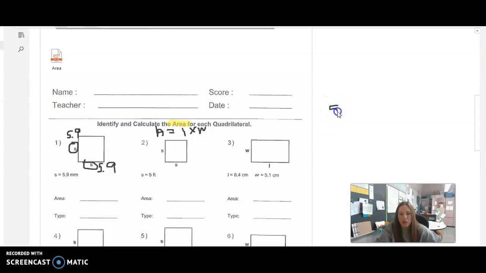So I'm going to do my workspace over here because we don't have a lot of space. 5 9/10 times 5 9/10. Now, it doesn't matter if our numbers are the same for a square or different for a rectangle. We take one side and we measure it by the side that it is joined with, okay? I'm not going to multiply this side times this side.